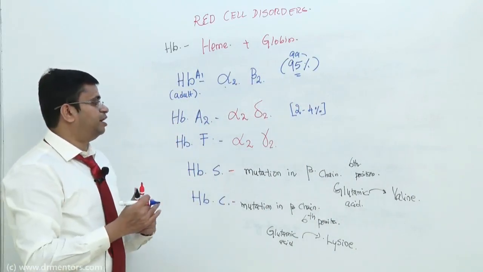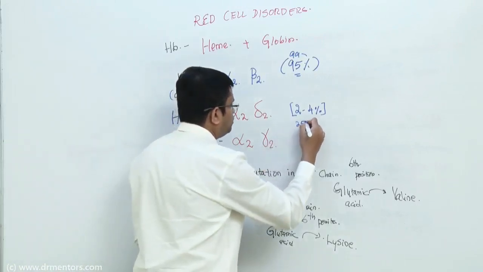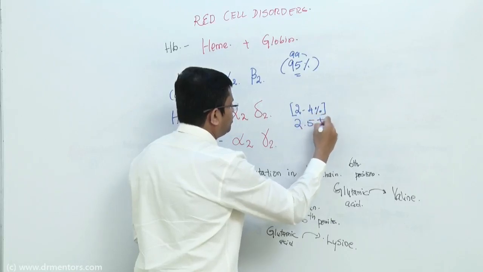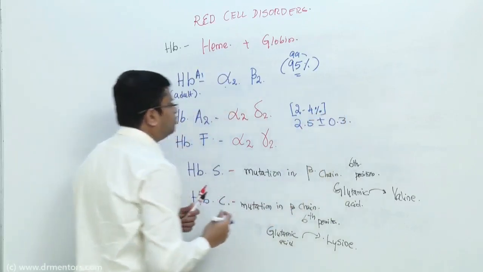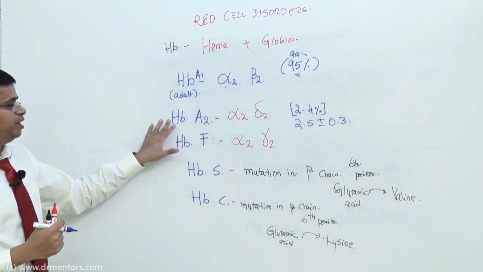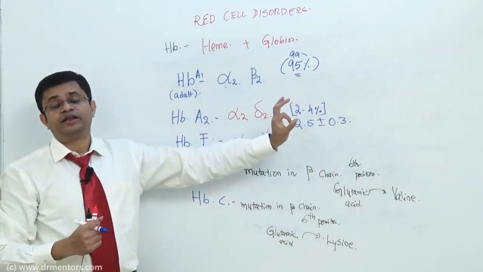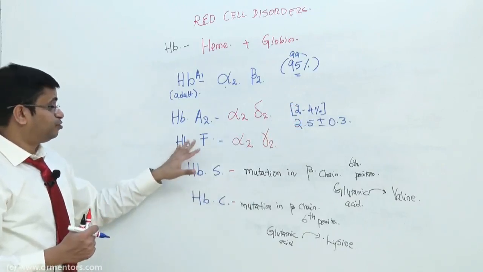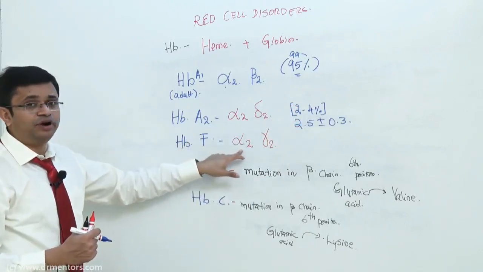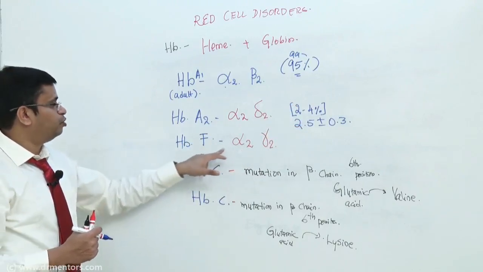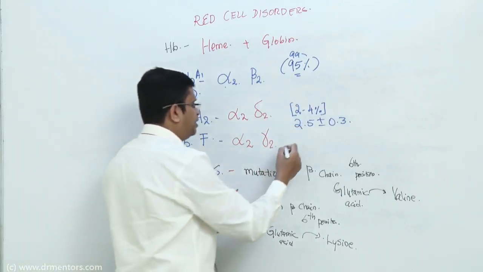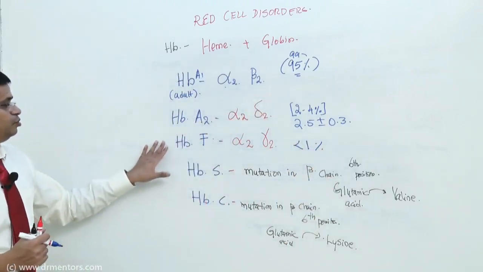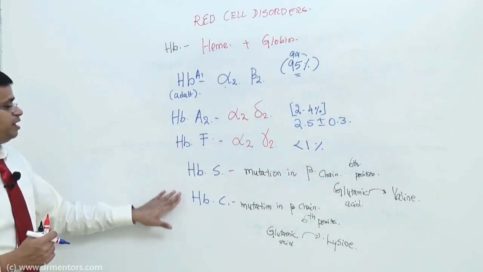So keep a value of 2.5 plus or minus 0.3 for your hemoglobin A2. Anything beyond 4 is definitely an elevated level of hemoglobin A2. Hemoglobin F is a fetal type of hemoglobin, found mainly during the neonatal period. In adults, hemoglobin F will be less than 1%. Hemoglobin F is alpha 2 gamma 2, and then hemoglobin S and hemoglobin C.